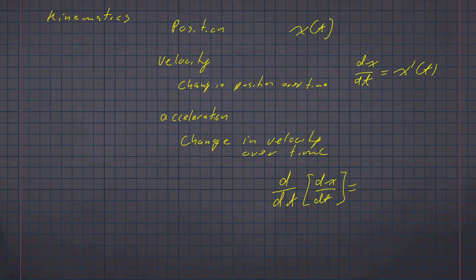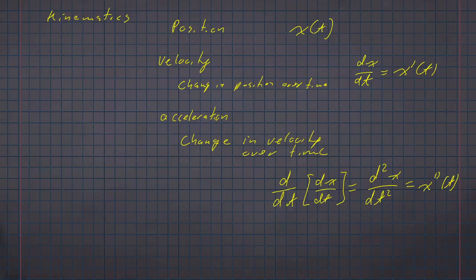So we can write that as, sometimes you'll see it as d squared x over dt squared. So d squared over dt squared is the second derivative operator. And the function that results of that, we will denote using a second prime, x double prime of t.